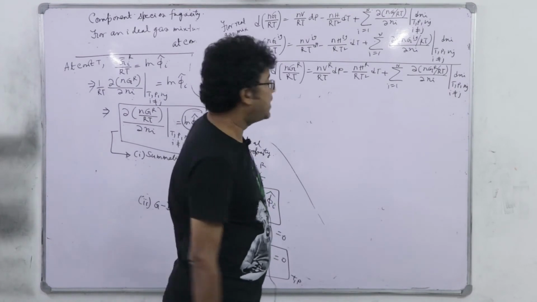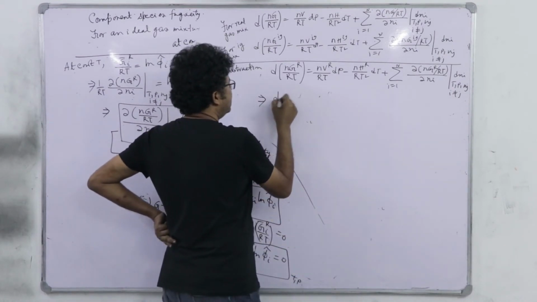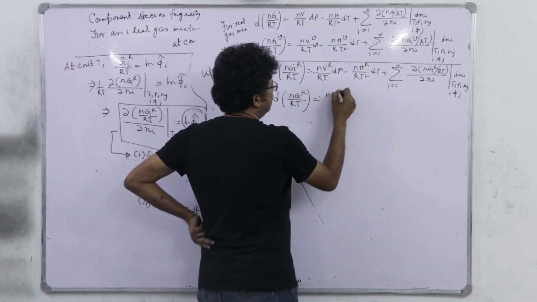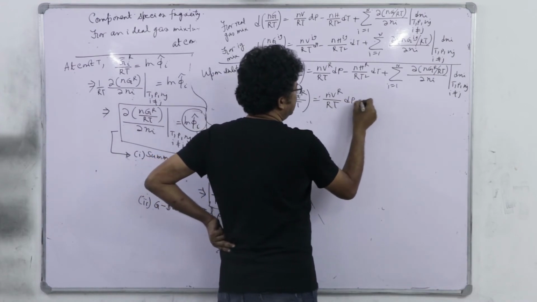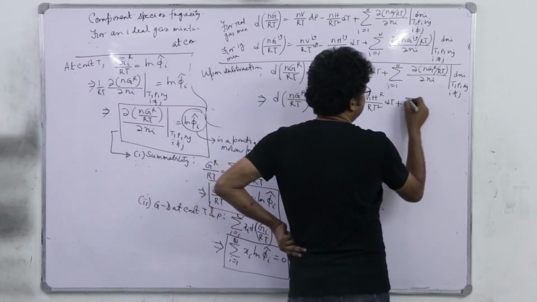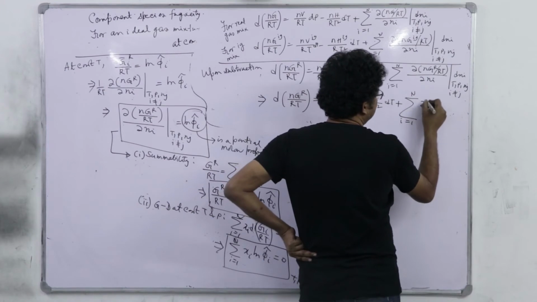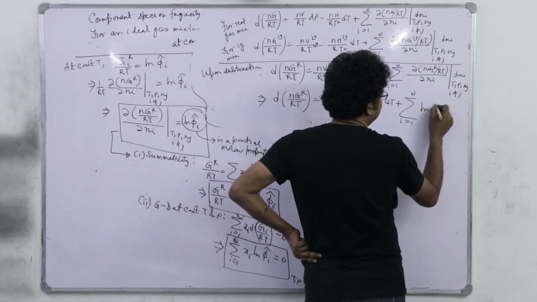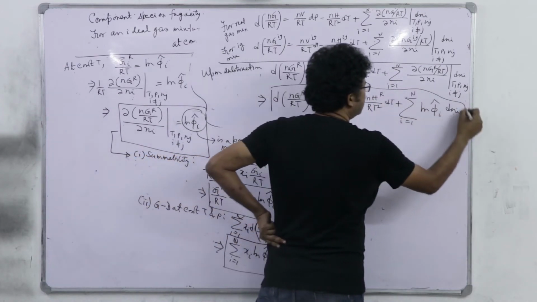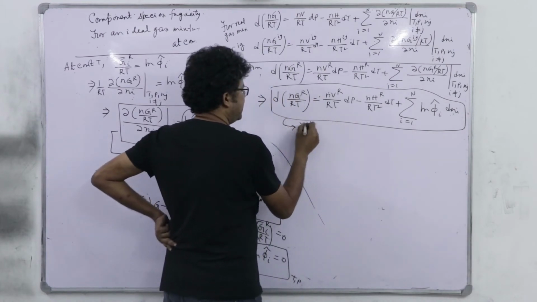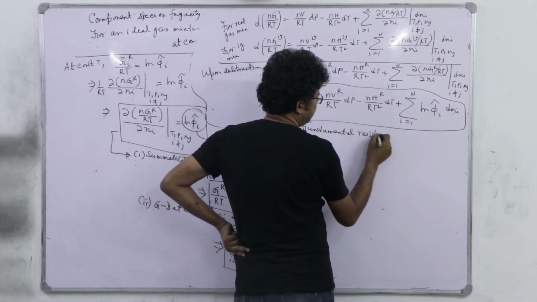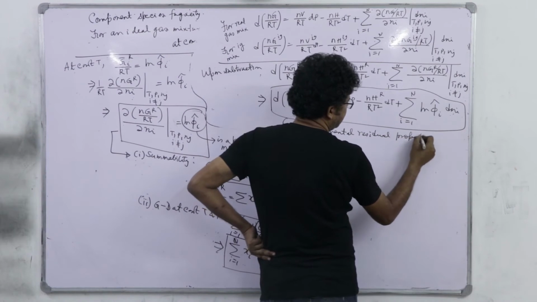This is nothing but ln phi i cap. So, we have d of nG R by RT equals nV R by RT dP minus nH R by RT squared dT plus summation i equal to 1 to n of ln phi i cap dni, and this relation is called the fundamental residual property relation.